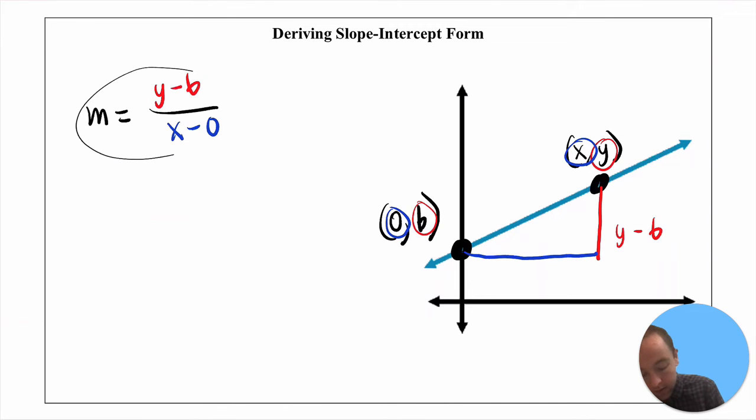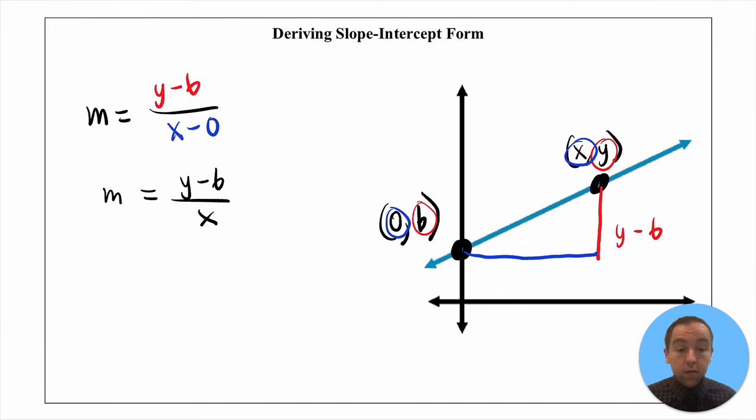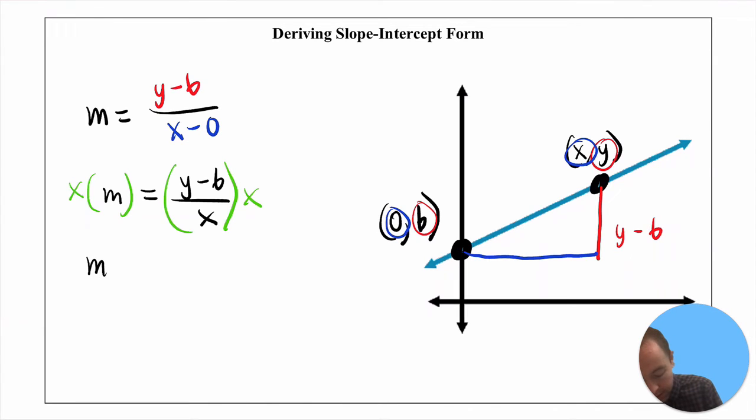Based on this relationship of slope, it just simplifies down to m equals y minus b over just x, because x minus 0 is just x. And so I'm just going to manipulate that equation a little bit. I'm going to multiply both sides by x. And what you're going to get out of that is m times x equals y minus b.